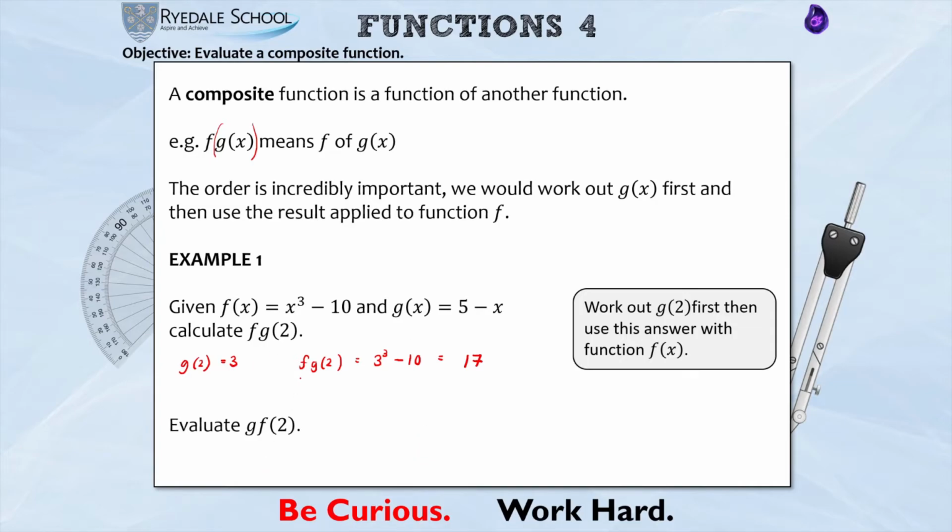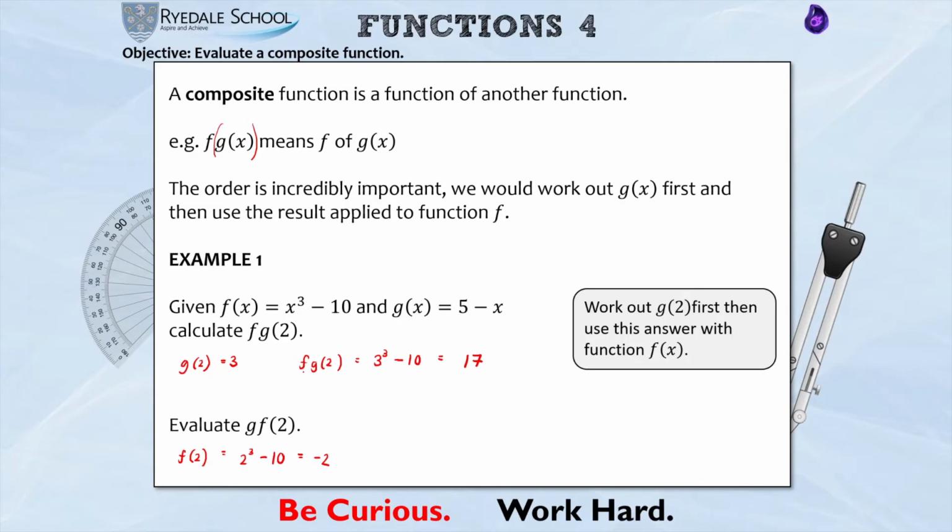Now, just to show you that the order is super important, let's just do it the other way around and see what happens. So this time I'm going to work out f of 2 first, because I'm doing g of f of 2. Now, 2 cubed, take away 10. Well, 2 cubed is 2 times 2 times 2, and that's 8. Take away 10 is negative 2.